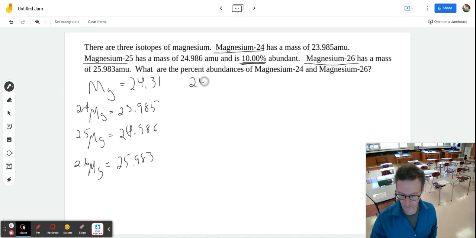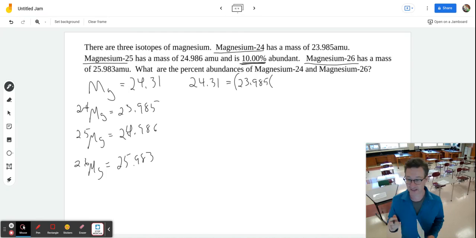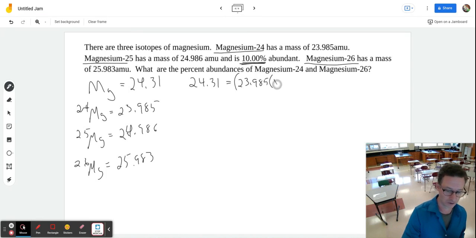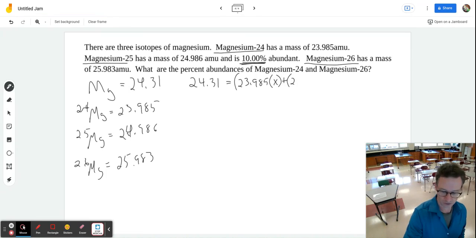So let's plug in the numbers. We have 24.31 equals the first isotope, 23.985, times its percent abundance. And I don't know what it is, so I'm going to call it X. Plus the second mass, which is 24.986. I do know the abundance of this, which is 10% or 0.1.